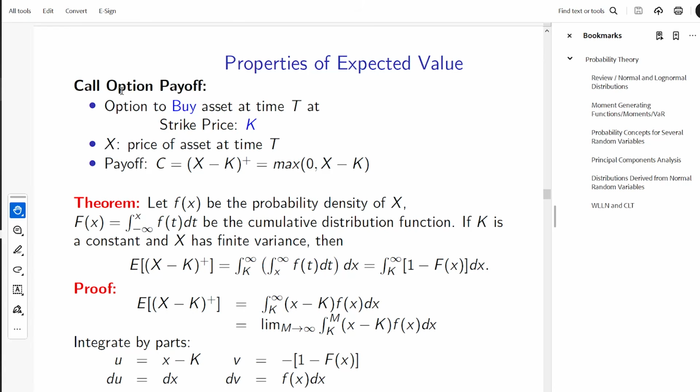And so here's a nice example of a financial computation where we consider a call option to buy an asset at some terminal time capital T, and the strike price is going to be at price K. And so if we think of x being the random variable of what the time T price is, then the payoff is going to be equal to x minus K, the value minus the strike price, if that's positive, or it won't be worth anything.